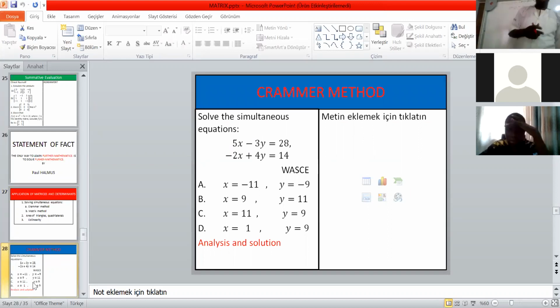Let me give you 2 minutes to solve this using Cramer method. Any other method is counterfeit. Make sure you abide by instruction. Solve this simultaneous equation using Cramer method.